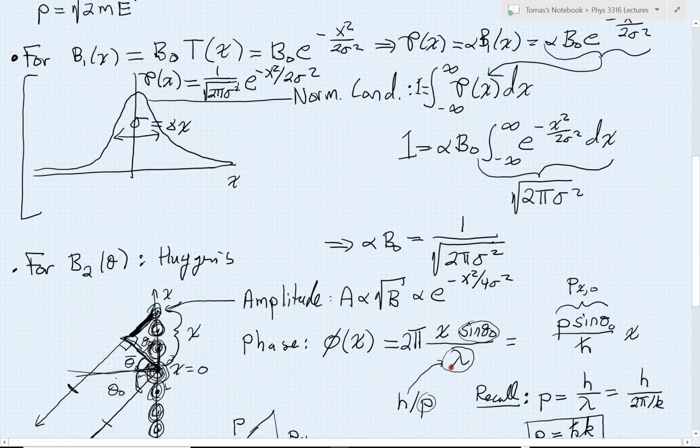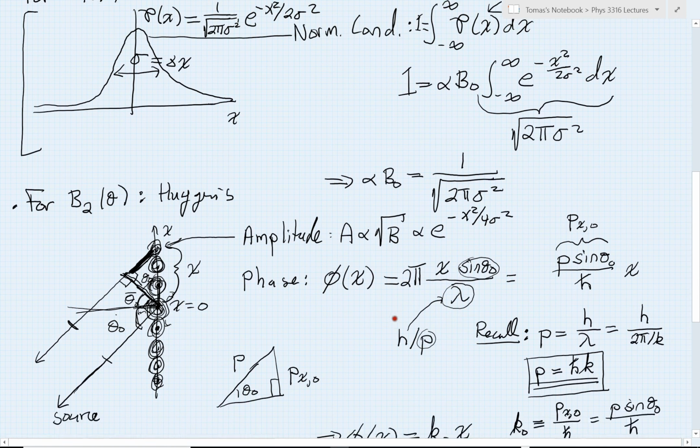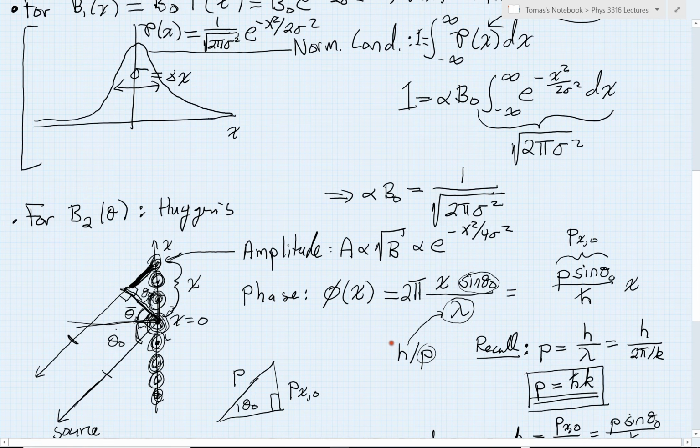My probability was normalized right here. Here's the probability: 1 over root 2 pi sigma squared times a Gaussian. So when I take the square root of this, instead of a 1/2 power, it will be a 1/4 power. And the square root again of the Gaussian just divides the exponent by another factor of 2.